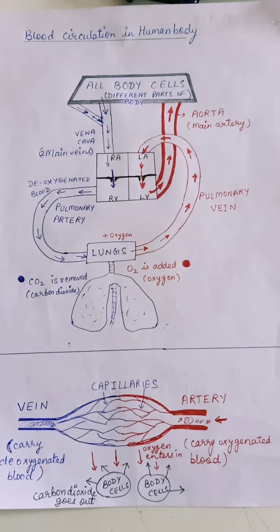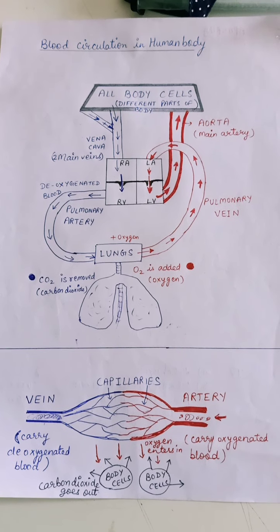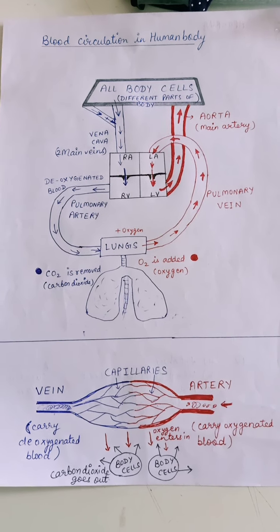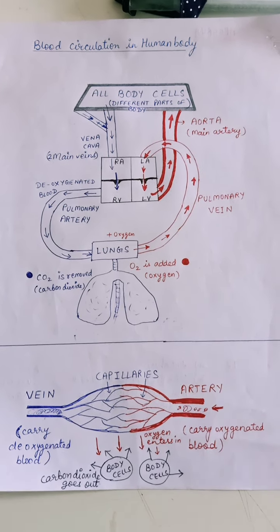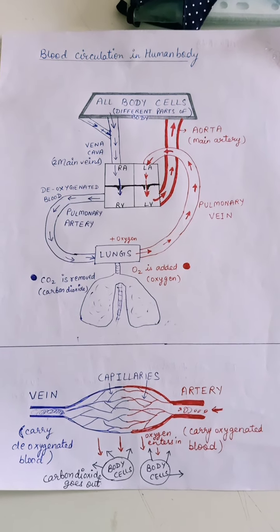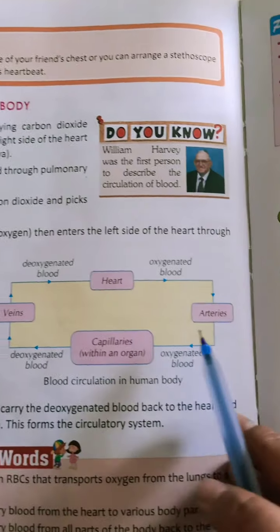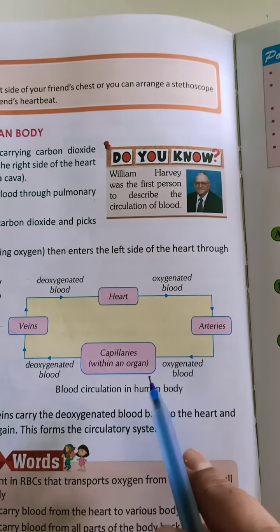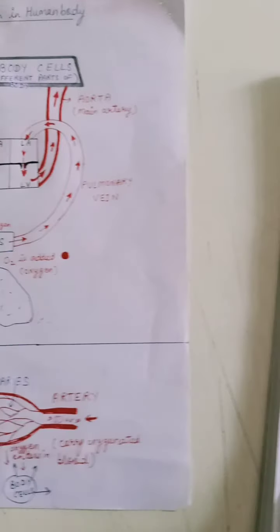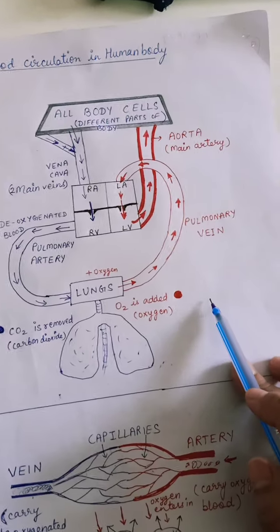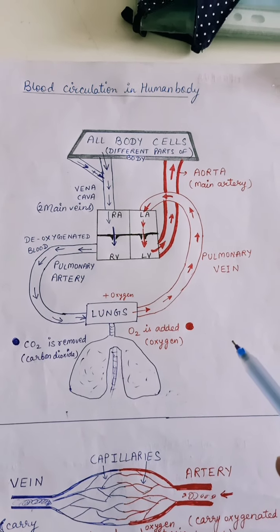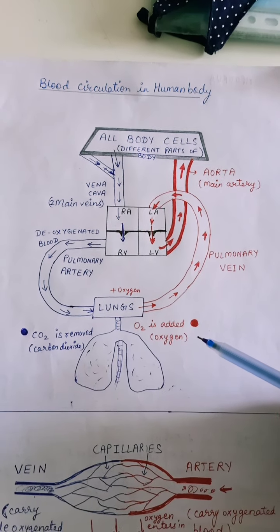So this was about the blood circulation in human body. If you want, you can draw these two diagrams in your science notebook, because the diagram given in your book will clearly show you the flow chart, but if you see this diagram, you will be able to see from where the blood is flowing and through which artery or which vein.